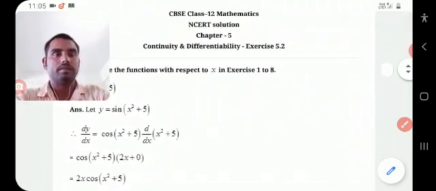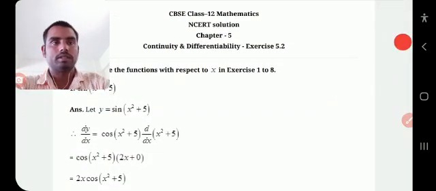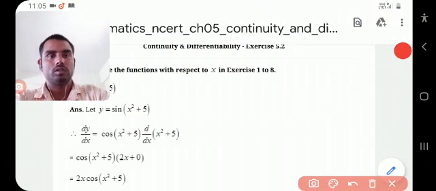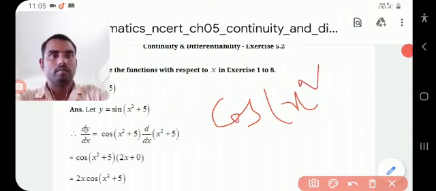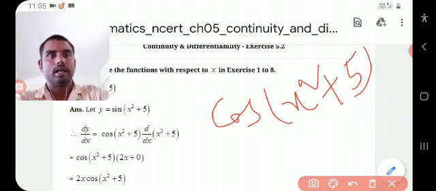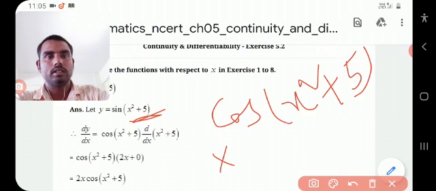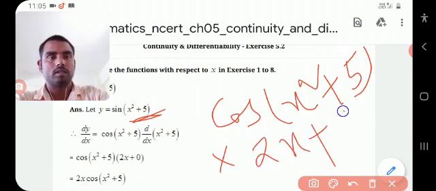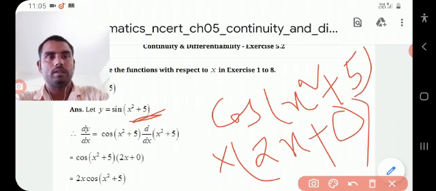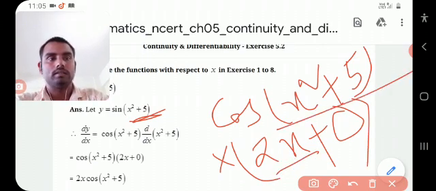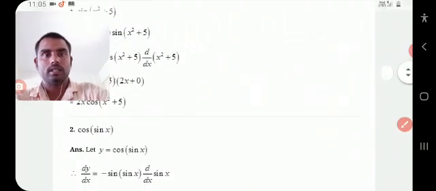The derivative of sine is cos(x² + 5), and this part is also a function of x. So using the chain rule you get 2x plus the derivative of the constant part, which is 0. After simplification you get 2x cos(x² + 5). Okay, clear?